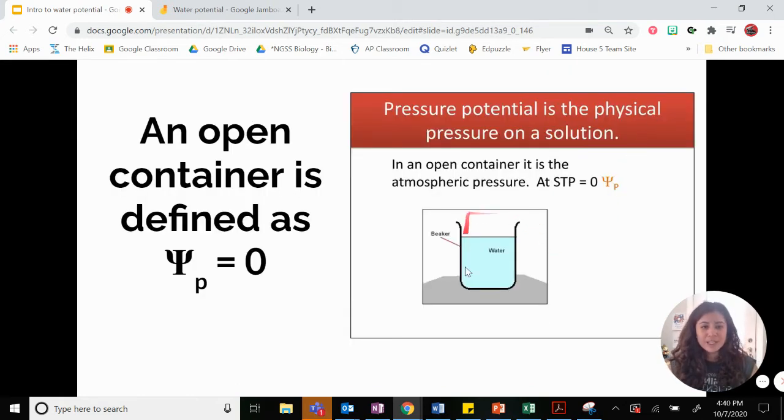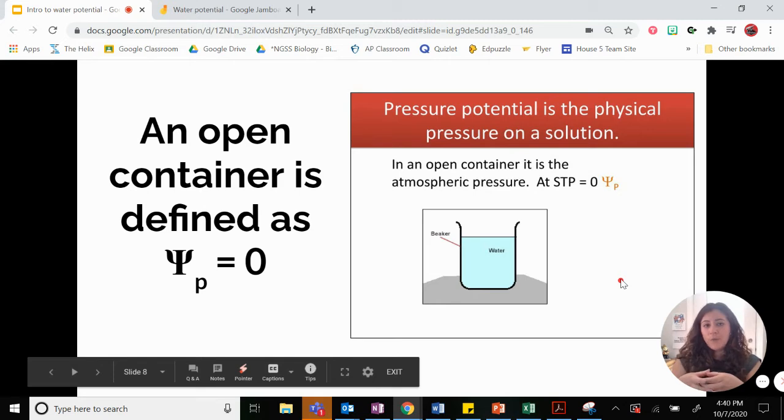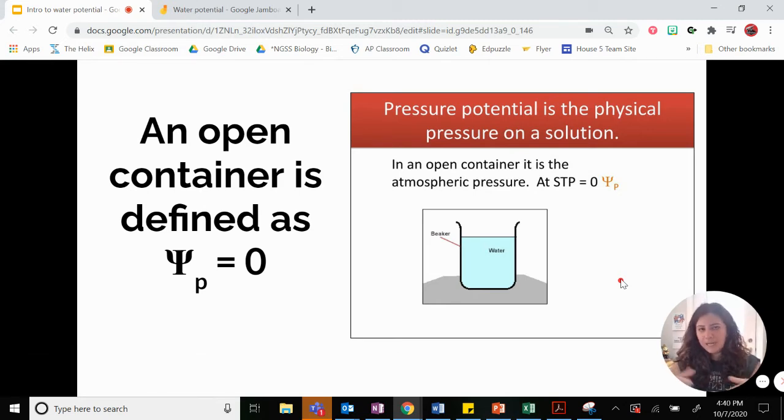And then for pressure potential, if you think of a beaker of water just chilling out, we define the pressure on that beaker of water as 0 pressure potential. If we were to push on the beaker of water, that would increase the pressure potential. But that's once again just our default settings.